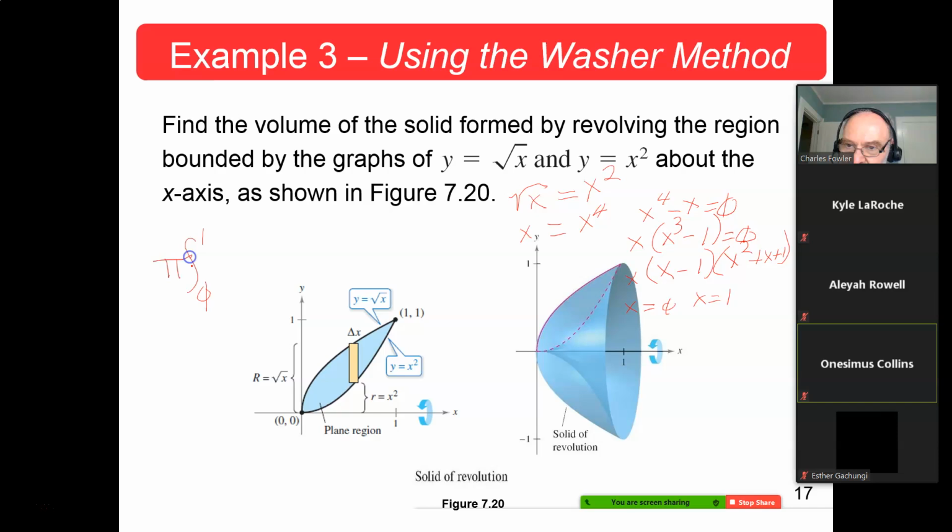And it's your square root of x squared, which would just be x, minus x squared squared, which would be x to the fourth. That looks a lot like what we just had over here, but in reversed order. This is what you're integrating dx, because your little rectangle has a thickness dx.